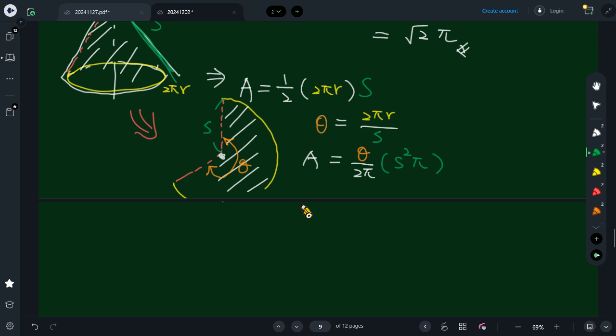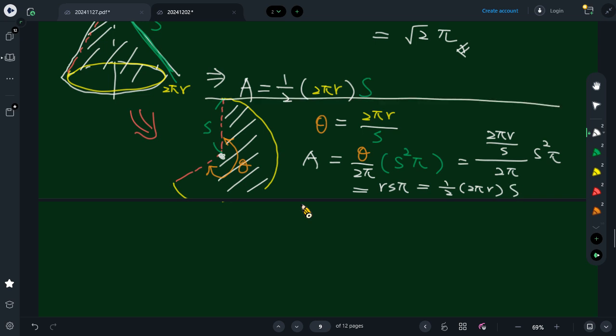So based on this, you get 2 pi r over s, over 2 pi, times s squared pi. Finally we get r s pi. So we just proved why we can get the formula one half times 2 pi r times s.